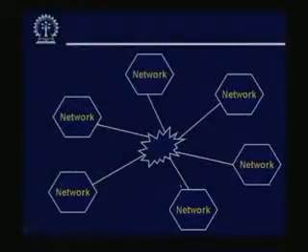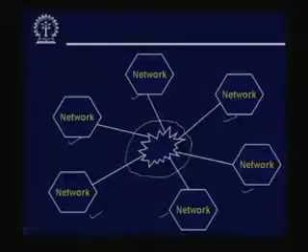Now, talking about a network of networks, the Internet looks something like this. We have a number of such networks which are connected in some way. Of course, the picture may not look exactly like this. The diagram I have shown is a pure star network, but in practice it does not look like this.